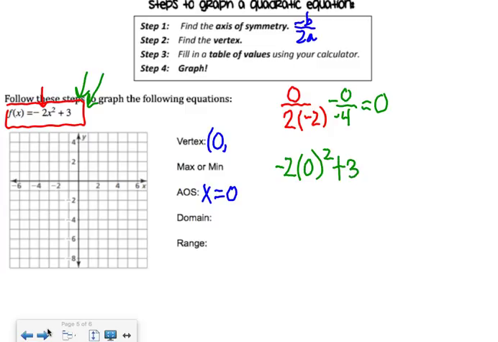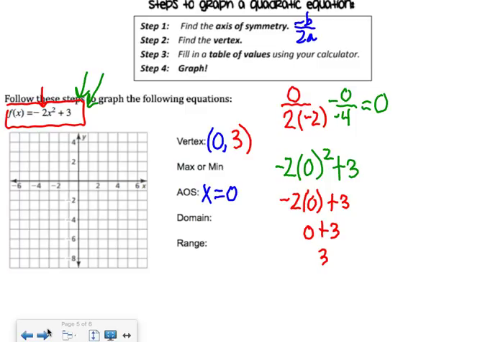Now you can use a calculator to crunch this out, or you can do it by hand. Whatever you want to do works for me. But I know that 0 squared is just 0. Negative 2 times 0 is 0. 0 plus 3 gives me 3. So now I found that my vertex is 0, 3.